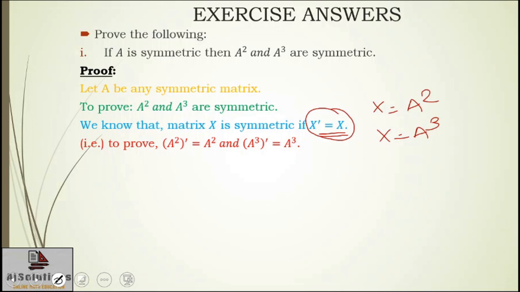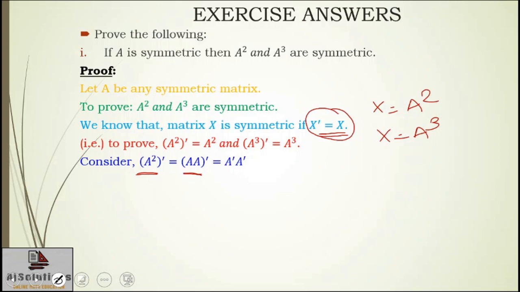Here you have to prove 2 statements. We are going to do it one by one, and both are LHS equals RHS type statements. So you are going to consider the LHS and you have to bring the RHS. Let's consider the LHS of the first. The LHS of the first is transpose of A square. If you recall the power of a matrix, A square is nothing but A into A. So I can write A into A in place of A square.